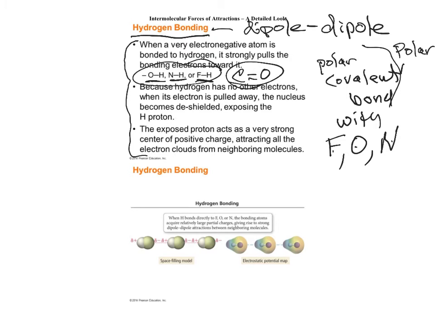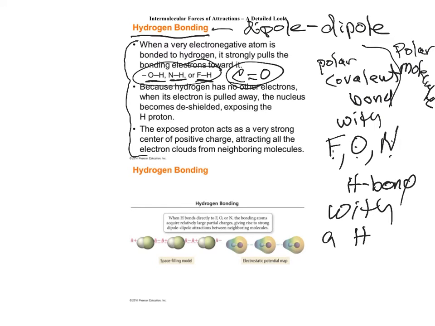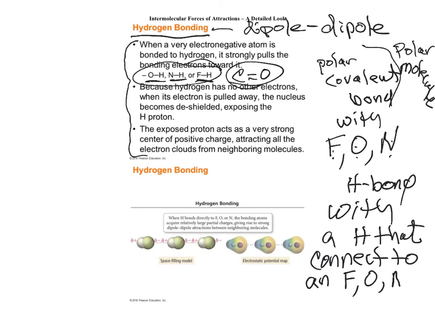If you have a polar molecule that has a polar covalent bond with F, O, or N, then that F, O, or N can hydrogen bond with a hydrogen that is connected to an F, O, or N. What?